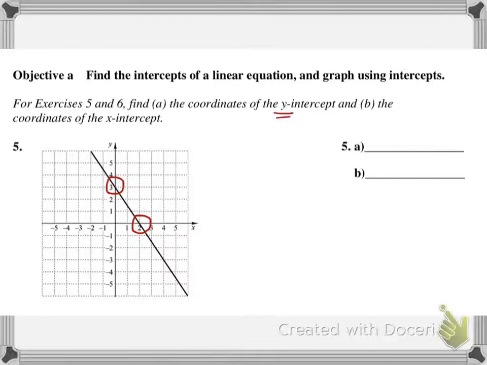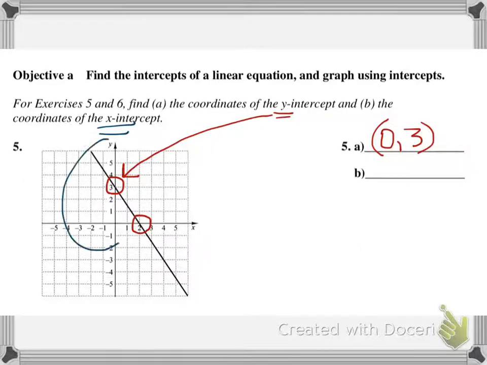So the y-intercept is going to be where it crosses the y-axis. That location is (0, 3). The x-intercept is going to be where it crosses the x-axis, and that's going to be at (2, 0).